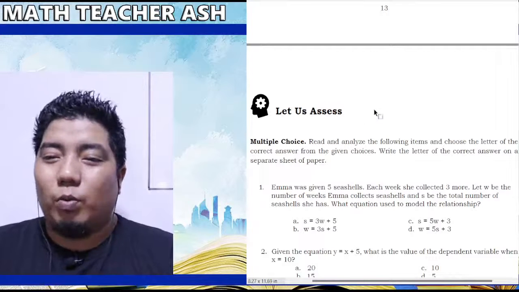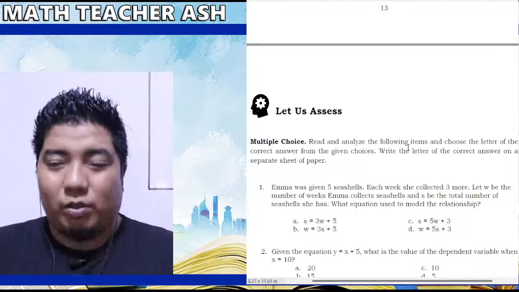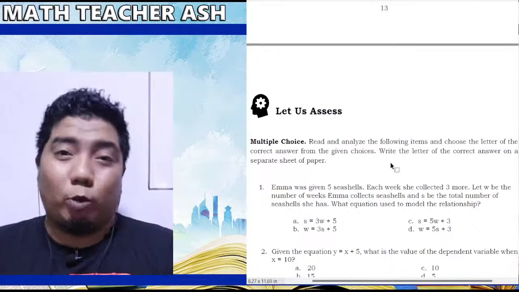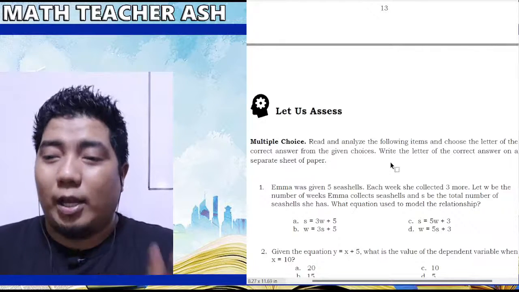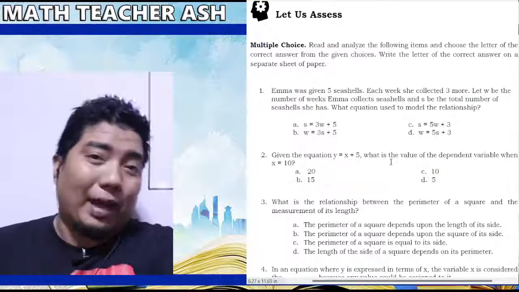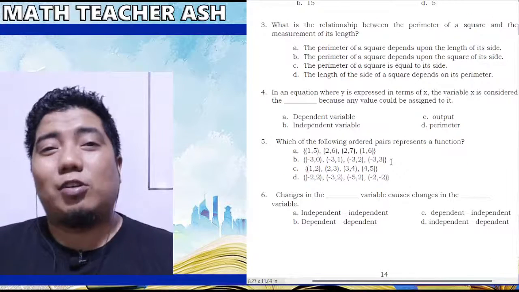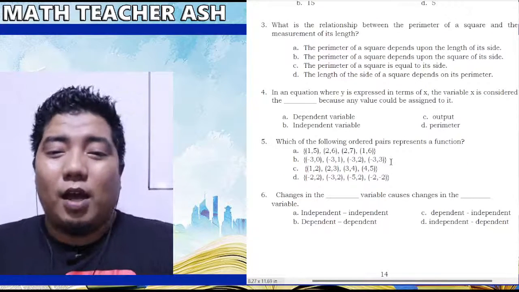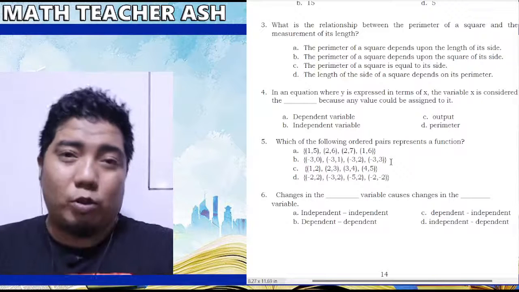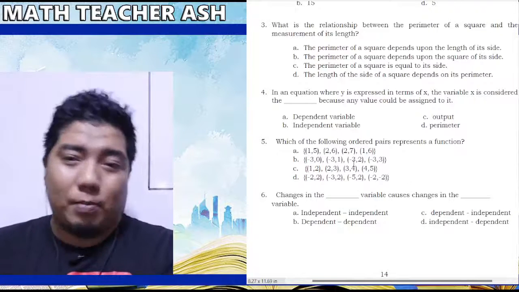All right. So you have now the let us assess. So in this part, you will now have the post test. You try to solve this one. I hope you can do it, my dear math learners. Napakadali lang po. Okay? So klarong-klaro naman yung lessons natin. If ever you have some inquiries in our topic, you can also put it in our comment section or chat box right now.